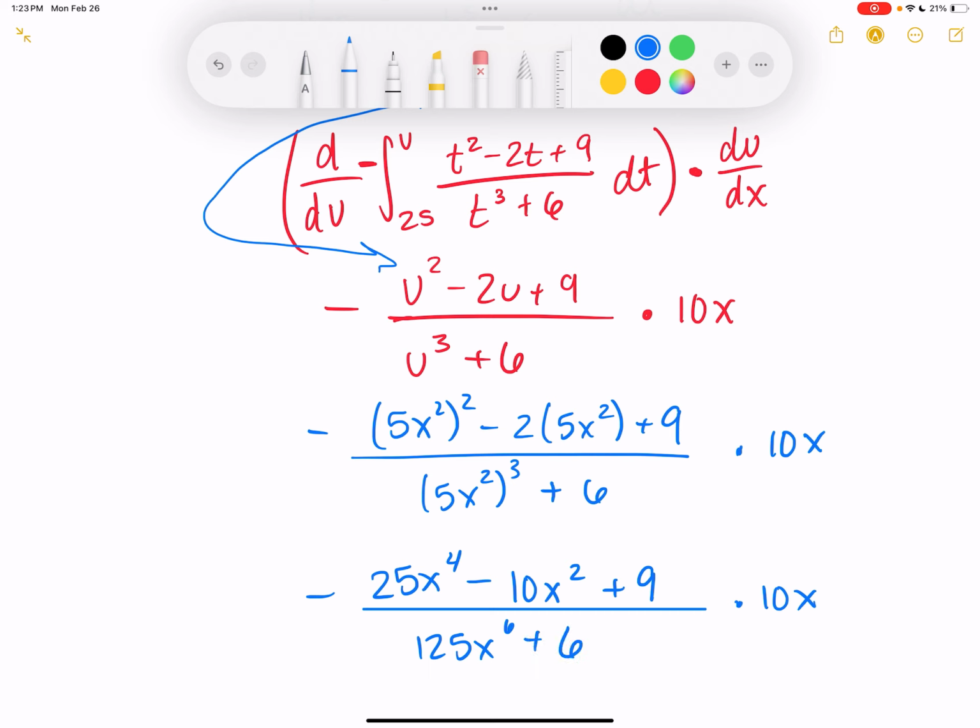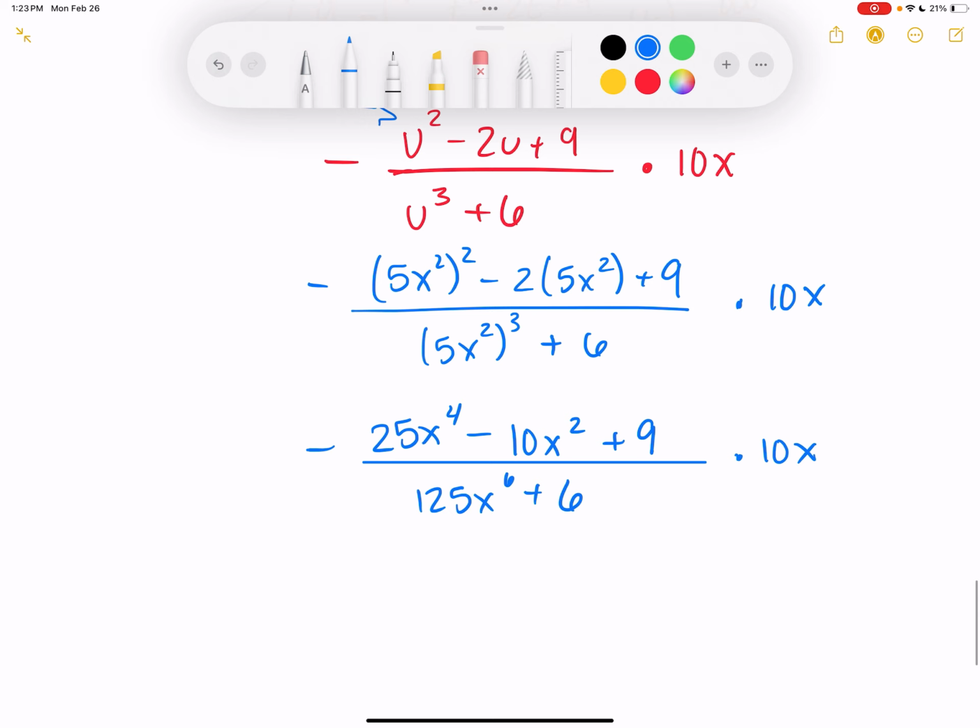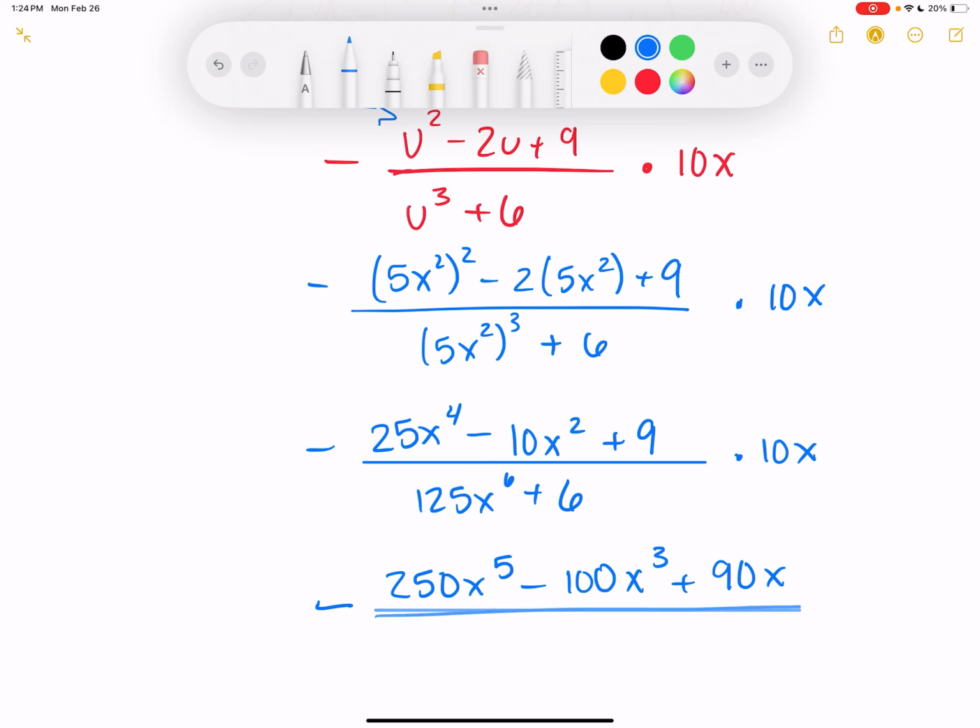Am I done? What do I need to do? Simplify. Multiply the 10x through. So we're going to have negative 250x to the 5th minus 100x cubed plus 90x, divided by 125x to the 6th plus 6.